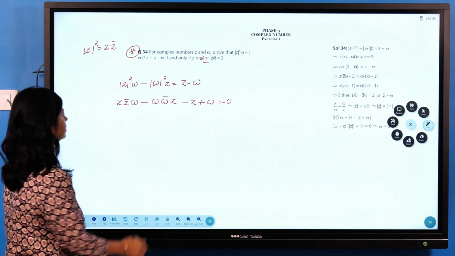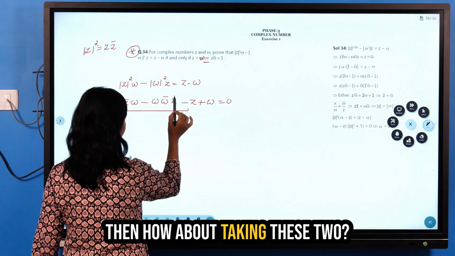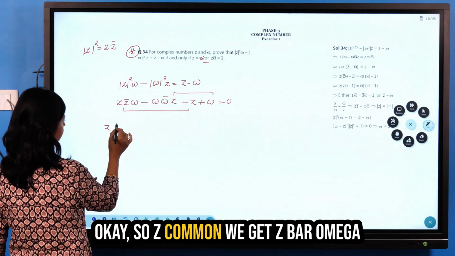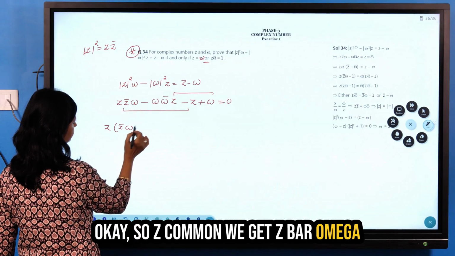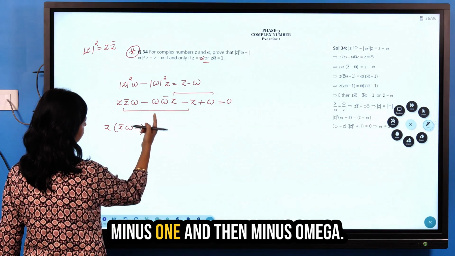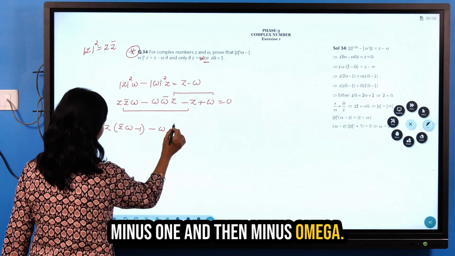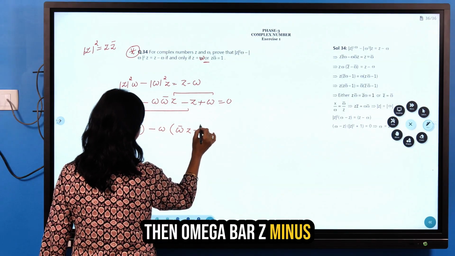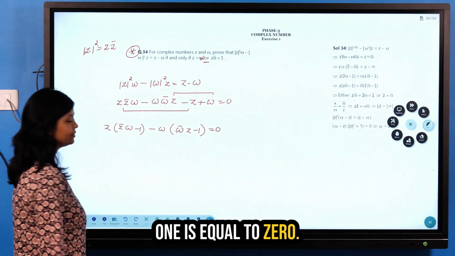Then how about taking these two? Taking z common, we get z bar omega minus 1 and then minus omega, then omega bar z minus 1 is equal to 0.